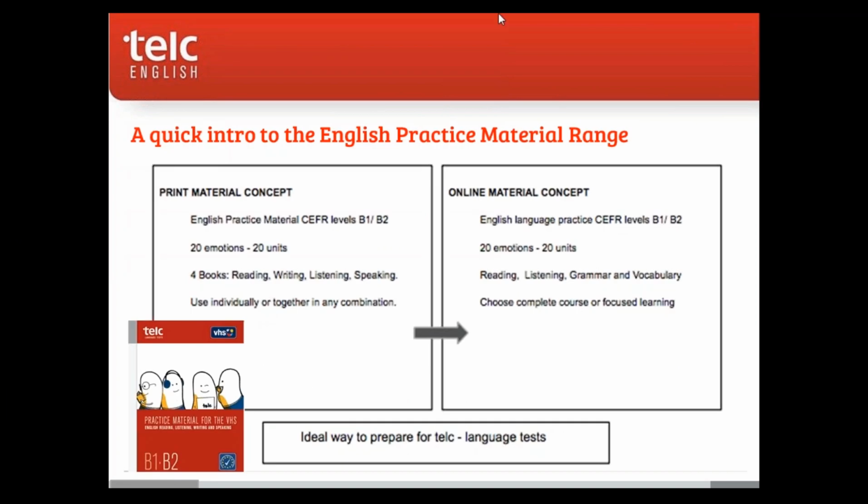A little intro into the English practice material range. Originally, there was the print material concept, and as you can see here, there were practice materials at CEFR levels B1, B2. telc offers exams at all different levels of the CEFR, but one of their products, the dual level exams, is very popular.